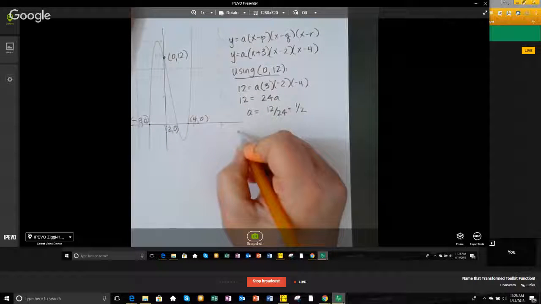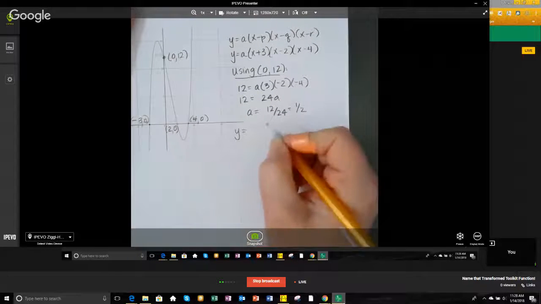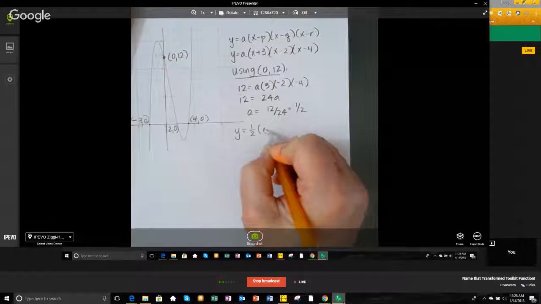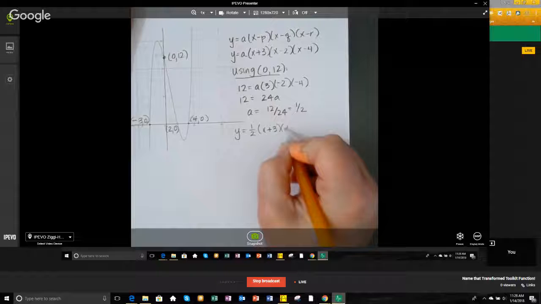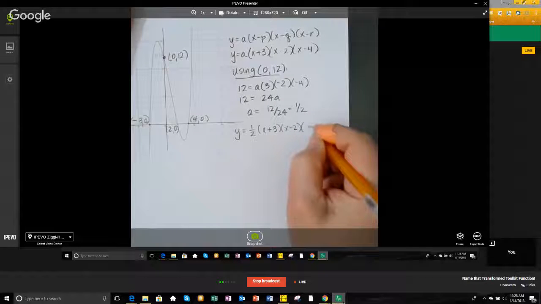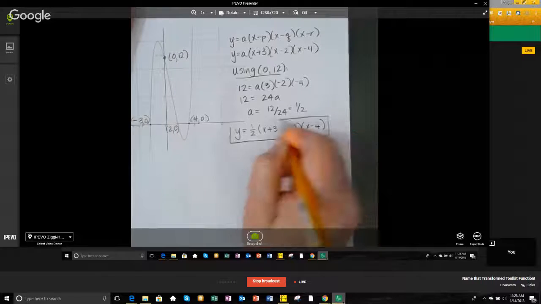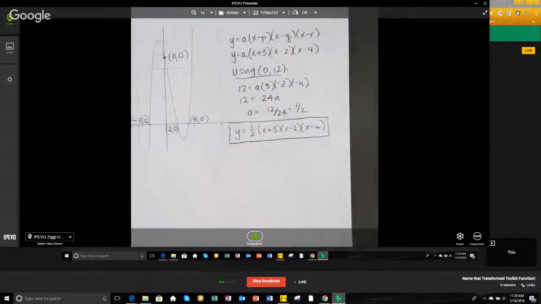So my cubic would be y equals 1/2 times x plus 3 times x minus 2 times x minus 4. And this is in factored form for the cubic. And if we wanted to, we could multiply that all out to get standard form.